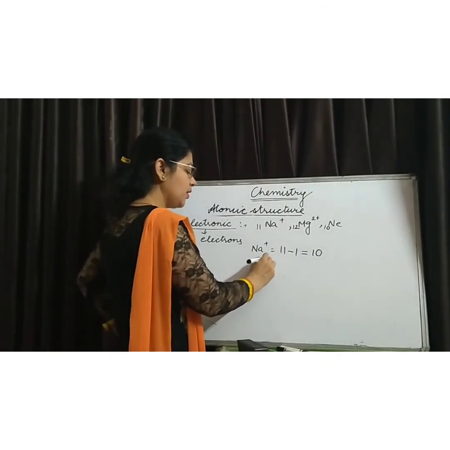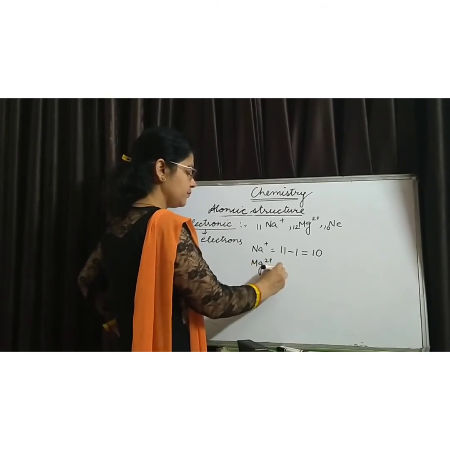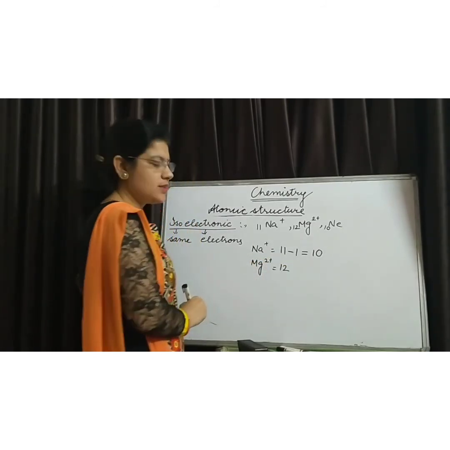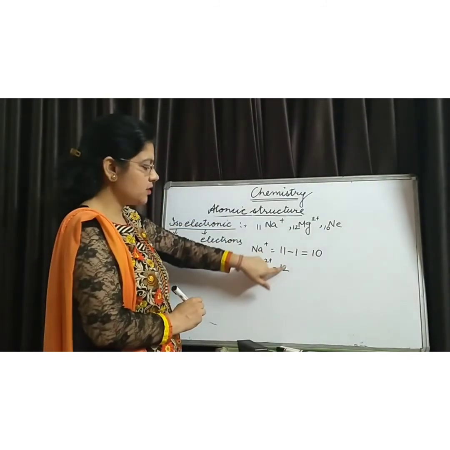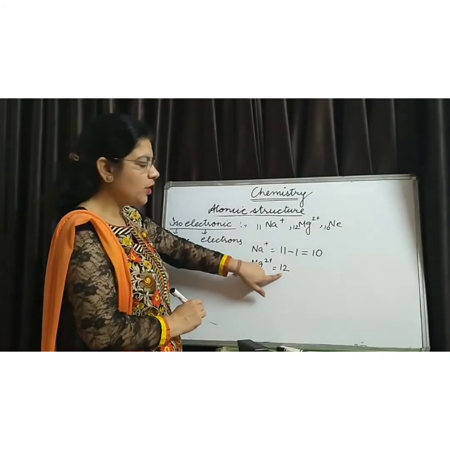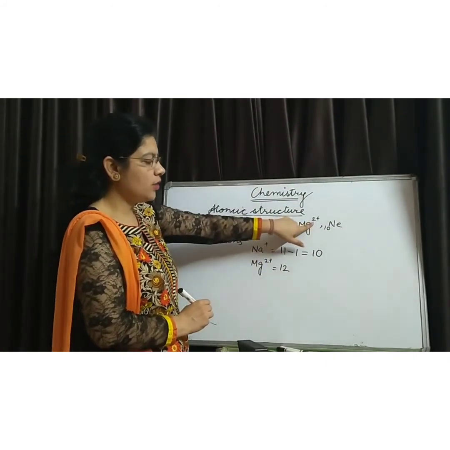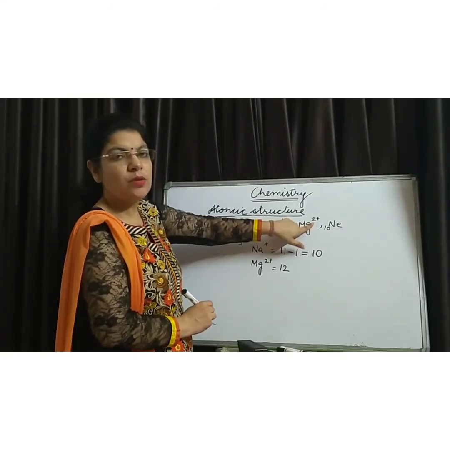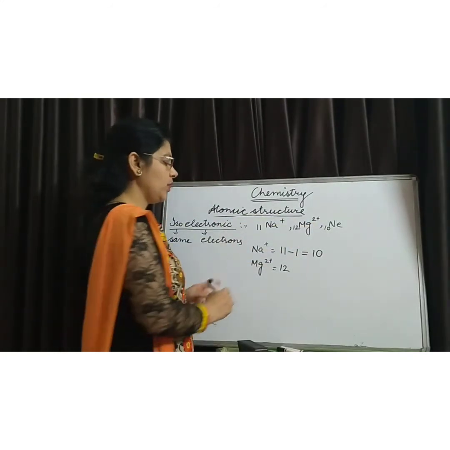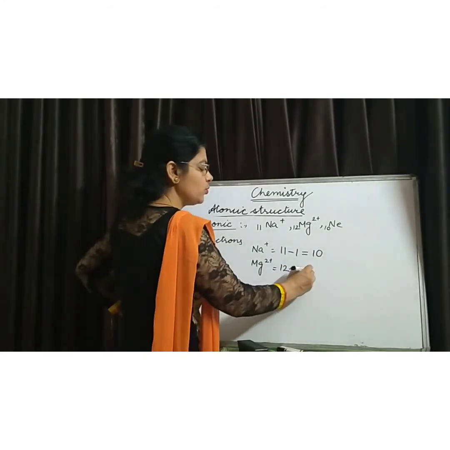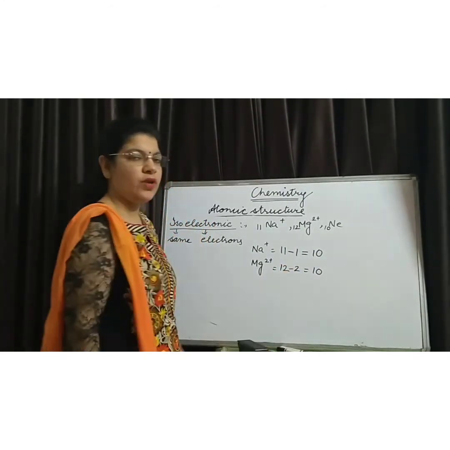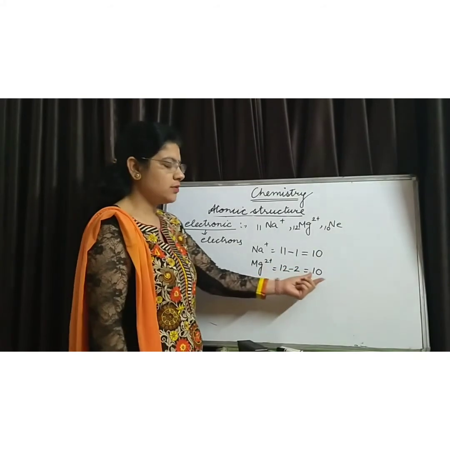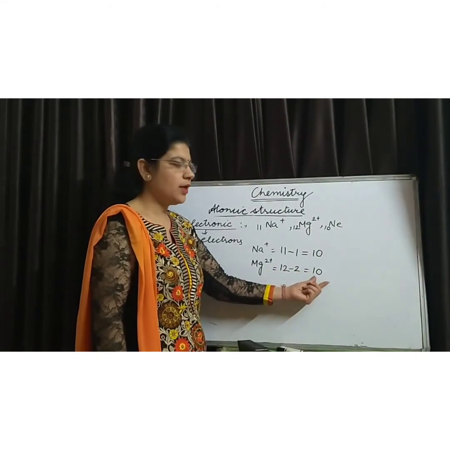Similarly, in the magnesium ion, its atomic number is 12, which means the number of electrons should be 12. As it acquires 2 unit positive charge, magnesium loses 2 electrons. By losing 2 electrons, the number of electrons in the magnesium ion is 10.